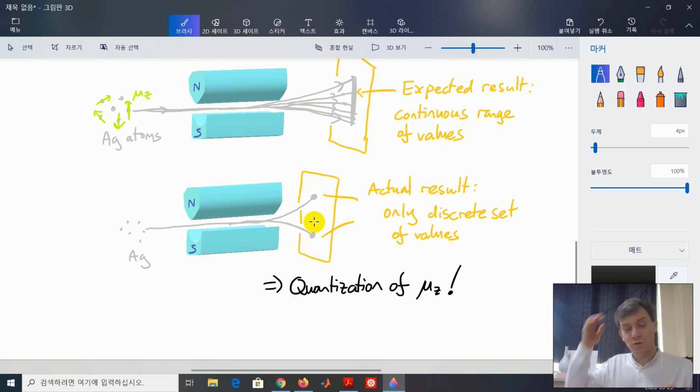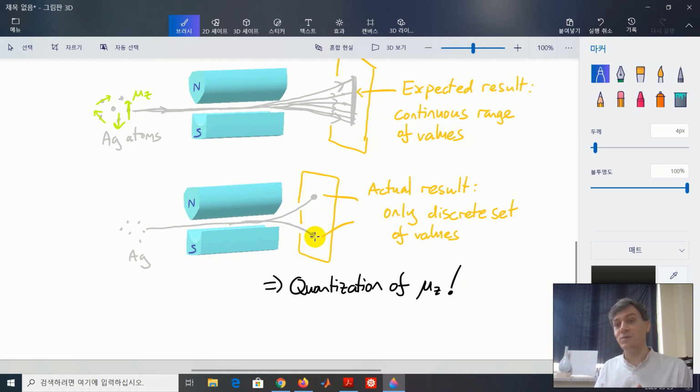So then you might ask, well, what about their components in other directions, right? What happens if you tried to measure the magnetic moment in the x direction or the y direction, which you can do in the same experiment, just putting your magnetic field in a different plane, right? And it turns out that whichever direction you measure the component of magnetic moment in, you always get exactly the same 2 points at exactly the same positions.